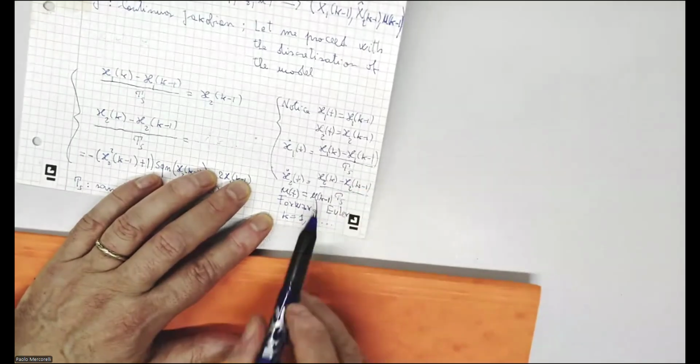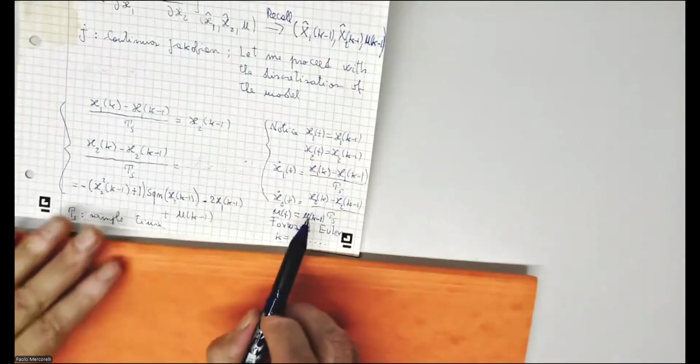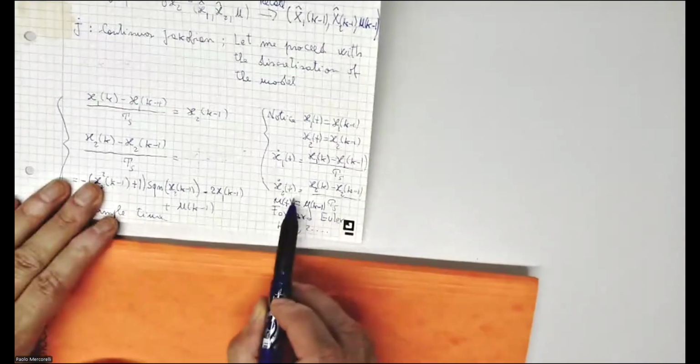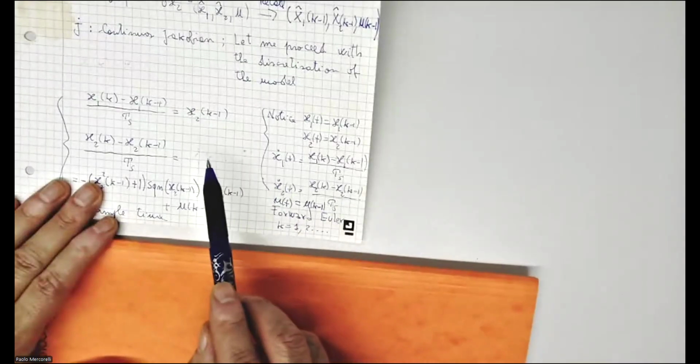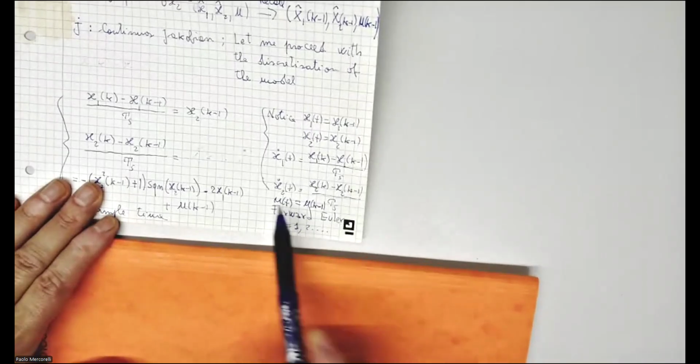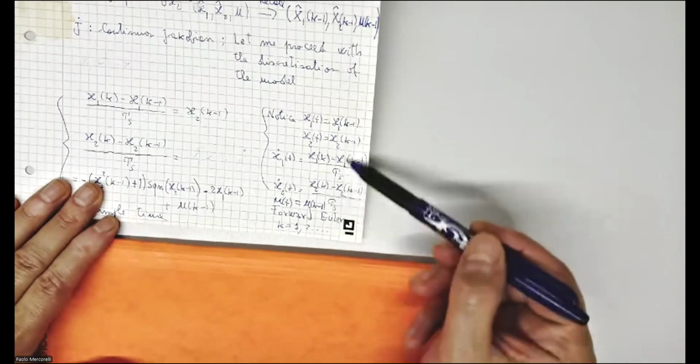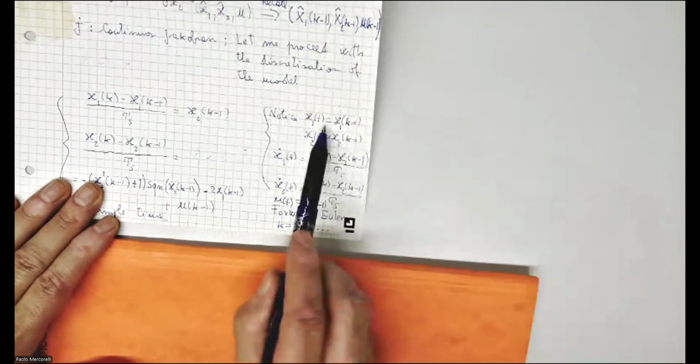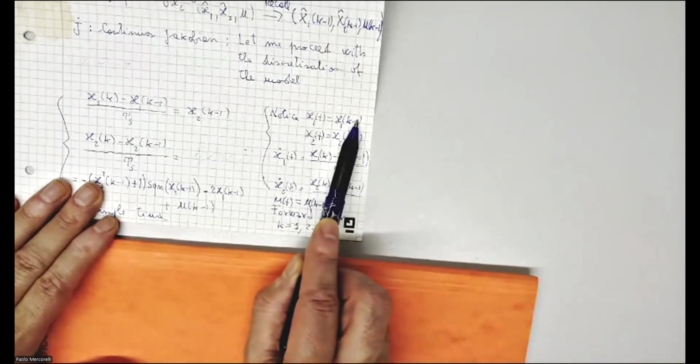which means to consider k minus 1 as the actual value. In backward, the form of the derivative does not change. What I intend is the actual value.